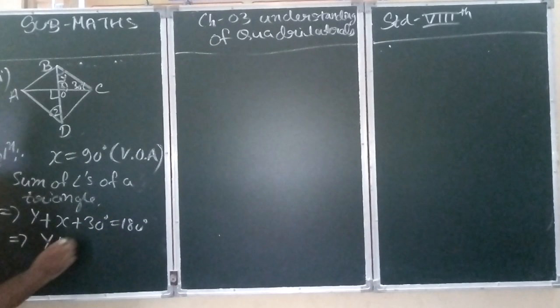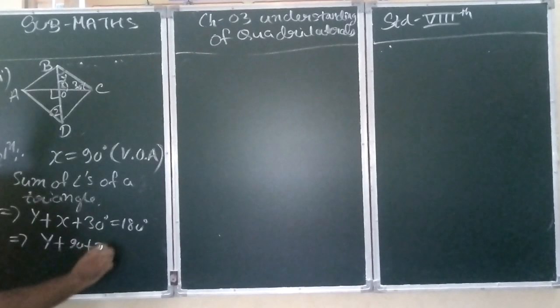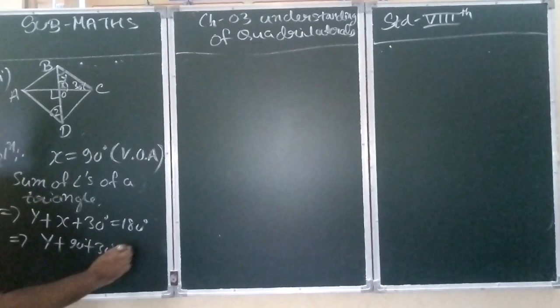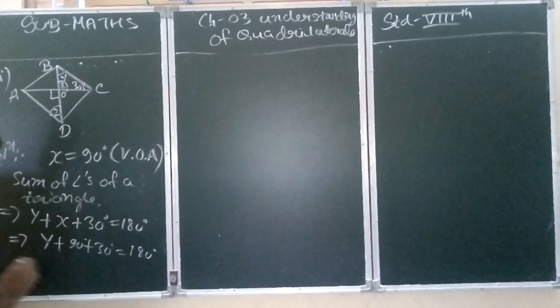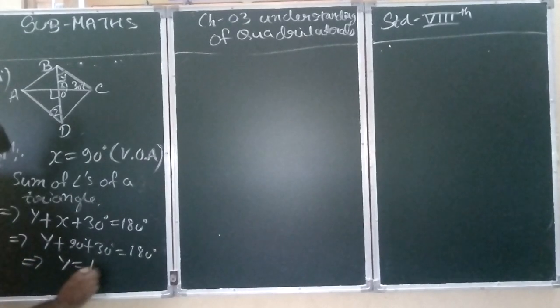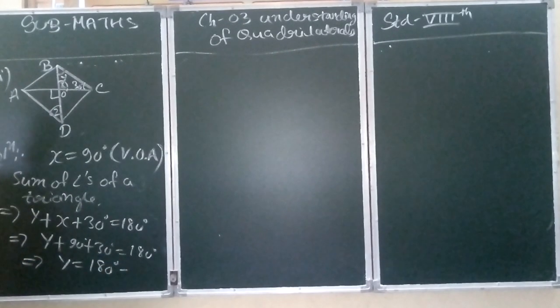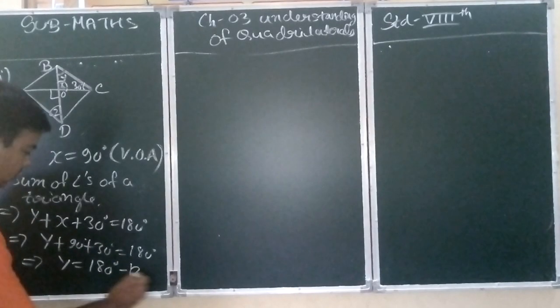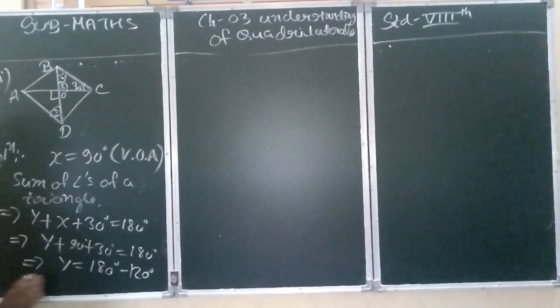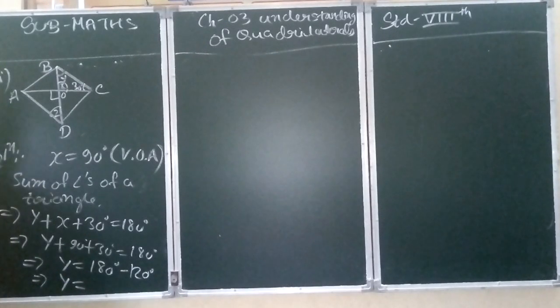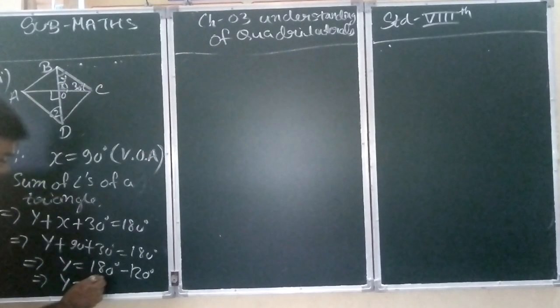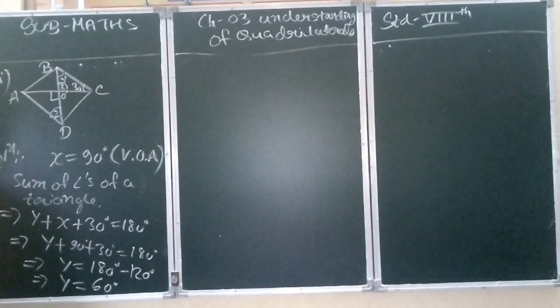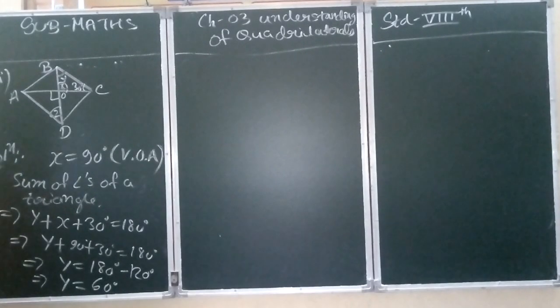Y plus 90 degree plus 30 degree is 180 degree. So y is equal to 180 degree minus 120 degree, so y is equal to 60 degree.